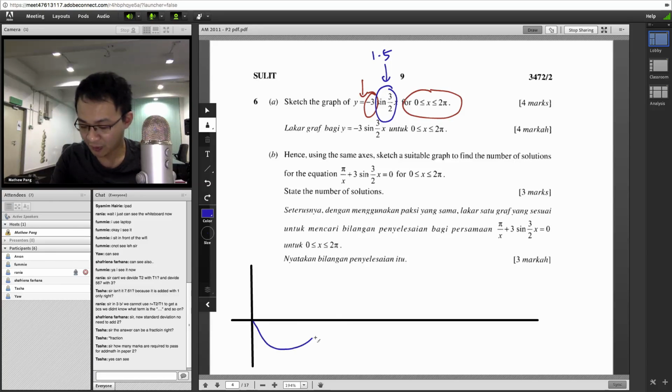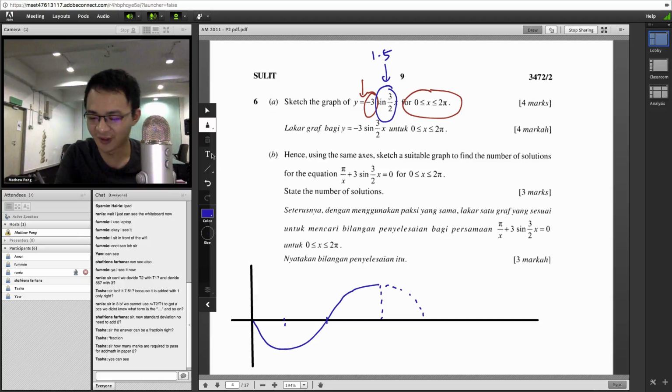So draw from here and then half. Okay, so this is what I mean by 1.5. Because if I finish it, this one will be the whole cycle already. But this one tells you the cycle is 1.5. No, this is not 1.5, this is 0.75. What am I thinking, no, this is wrong.